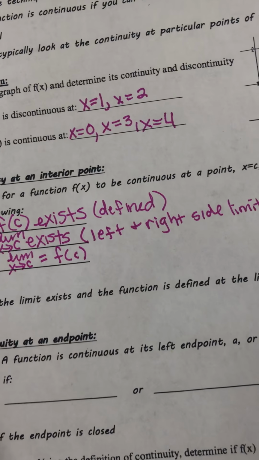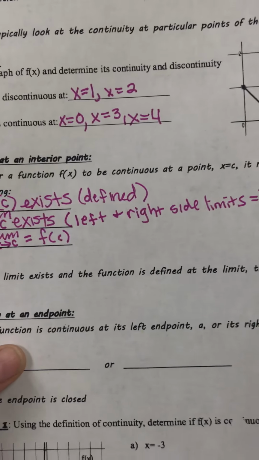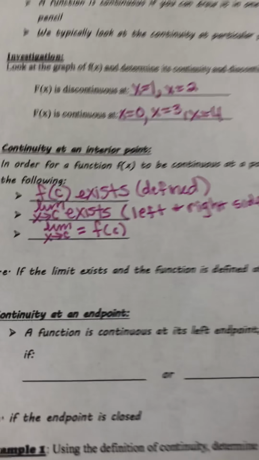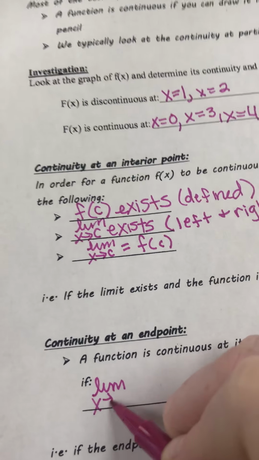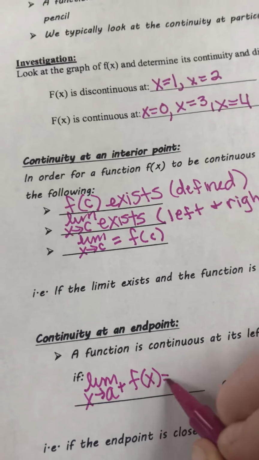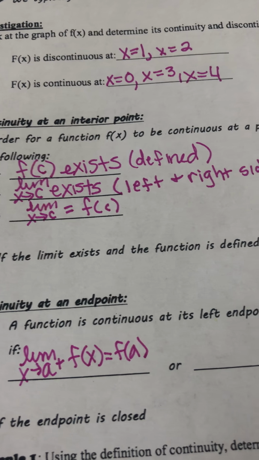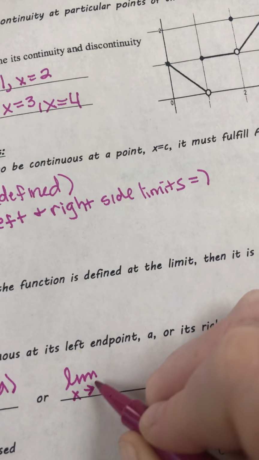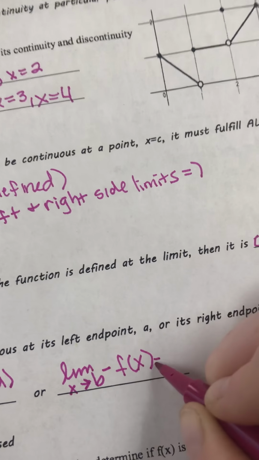Okay, so continuity at an endpoint. A function is continuous at its left endpoint, a, or its right endpoint, b, of its domain if the limit as x approaches a from the right of f of x equals f of a, okay? Or the limit as x approaches b from the left of f of x equals f of b.